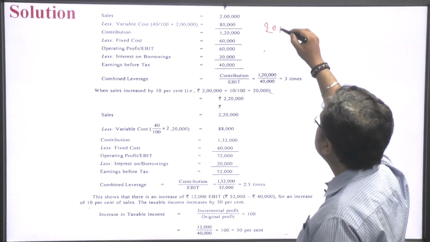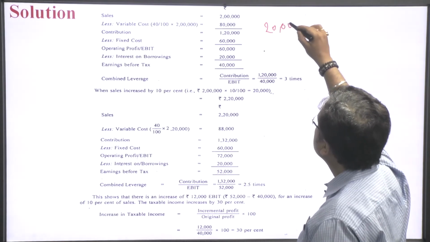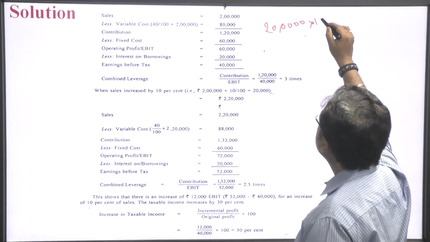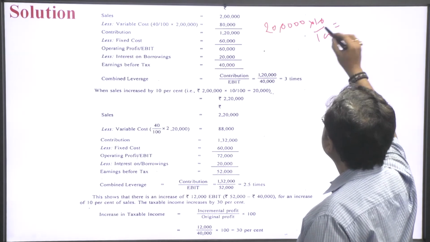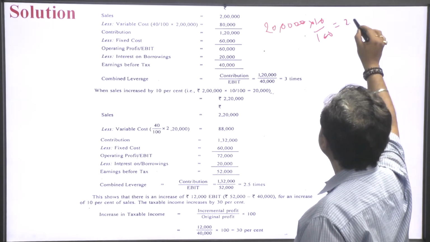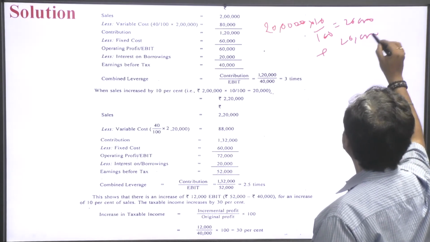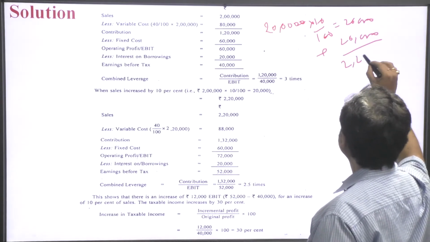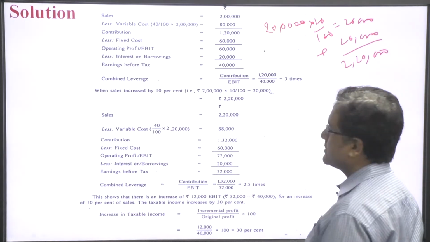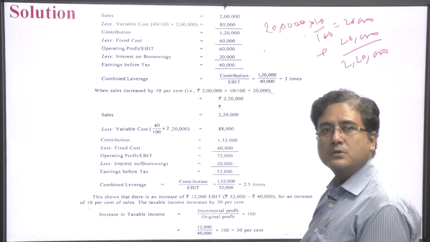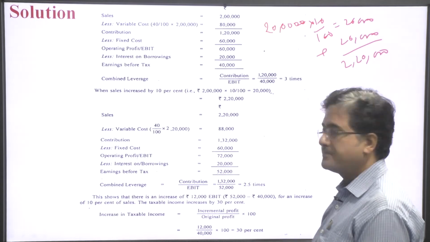So, 22 lakhs into 10% equals 2 lakhs additional. So, the new sale is 2,20,000.